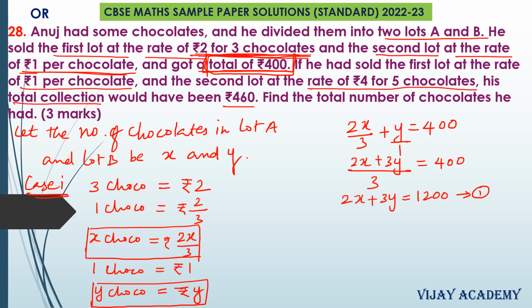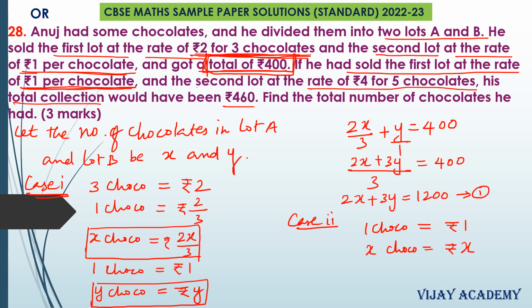In case 2, he had sold the first lot at the rate of rupees 1 per chocolate. So one chocolate costs rupees 1. Therefore, x chocolates cost rupees x.